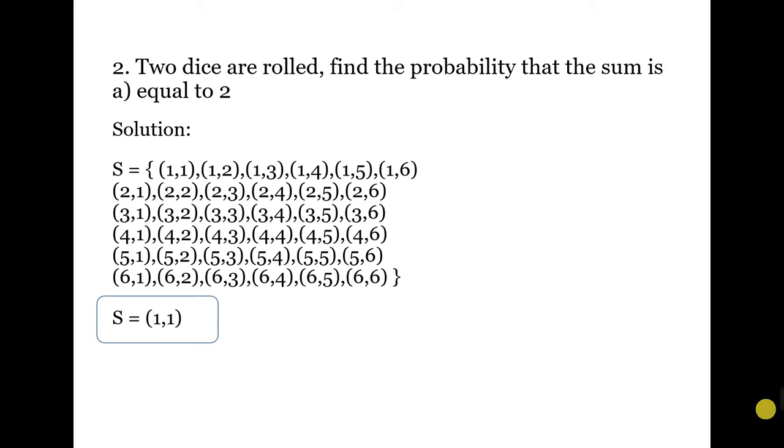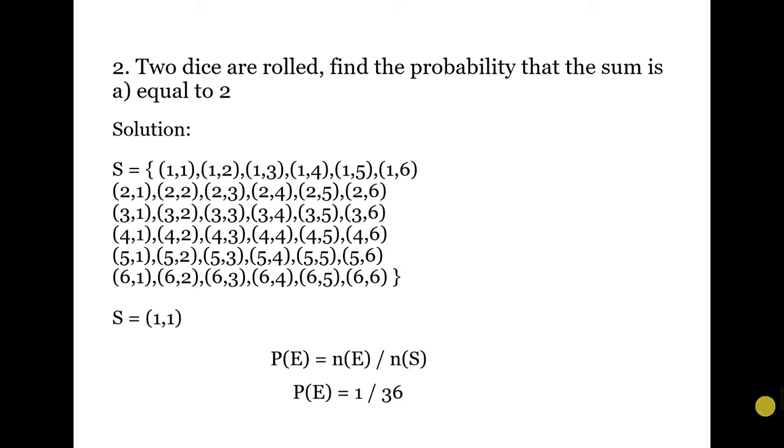Then we can now use the formula of the classical probability, then substitute the values to the formula. The number of events is only 1, while the number of samples is 36. So the answer is 1 over 36, or approximately only 2.7% of the 36 sample space.